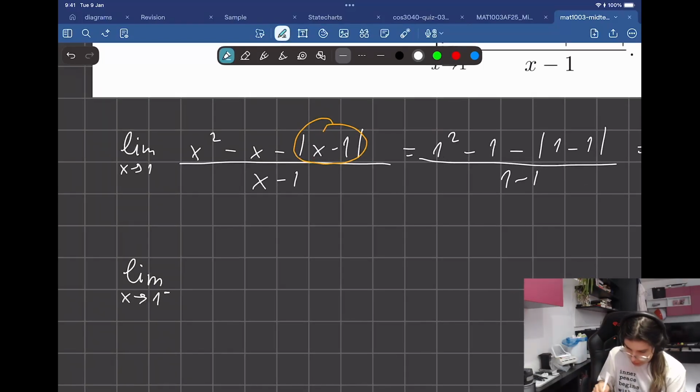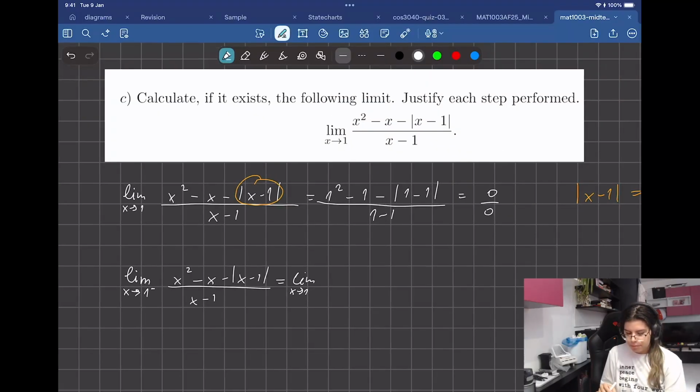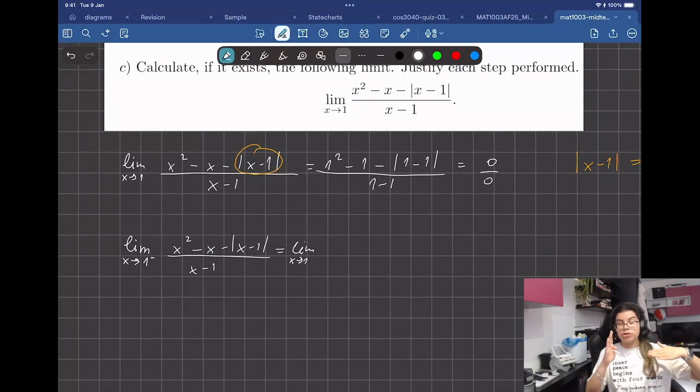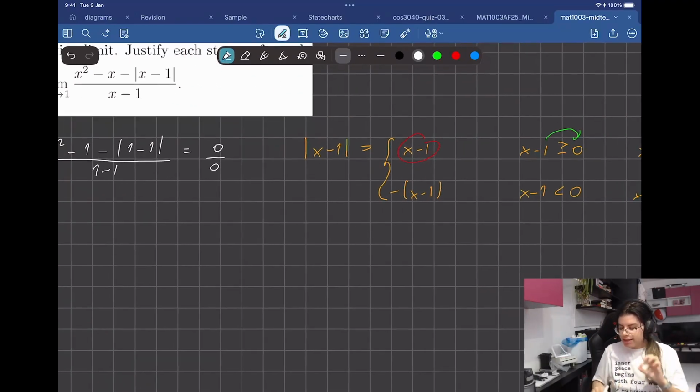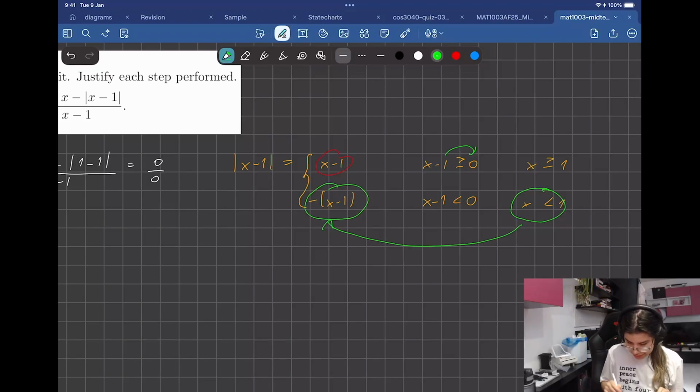So I start writing down, I actually copied the full expression for now. I'm going to copy my limit. But now, because I know I'm approaching 1 from the left, as I said, this means that my x is going to be slightly less than 1. So when my x is slightly less than 1, then the modulus would give me this value, okay?